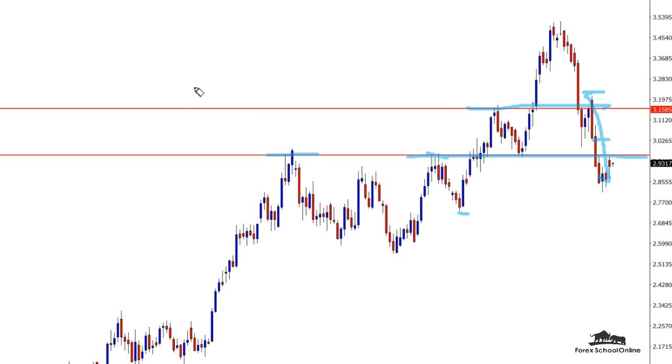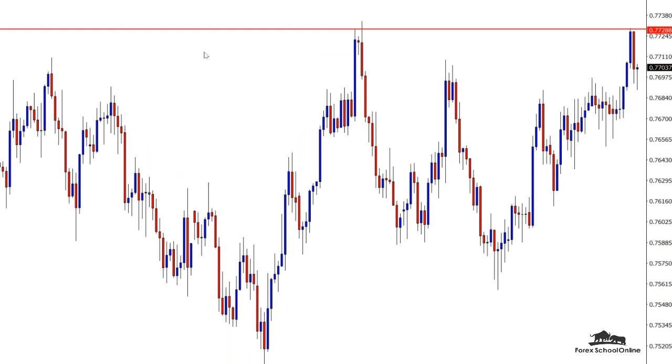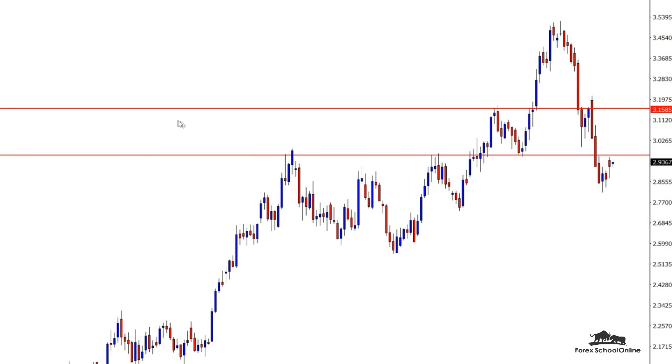If we go back and have a look at the Aussie dollar chart, that's the 4-hour chart, and I'll zoom in on that chart, and then we go back to the daily chart on the NATGAS, compare how clean this chart is, and we had these clean levels.